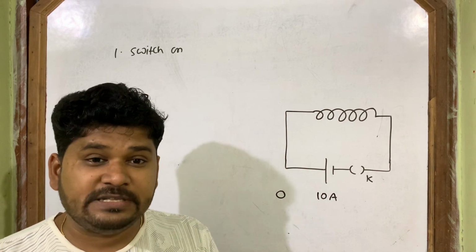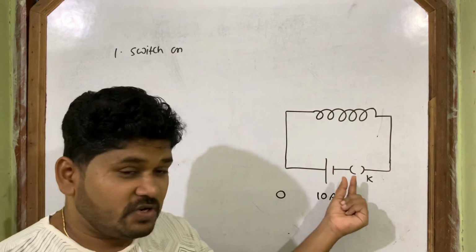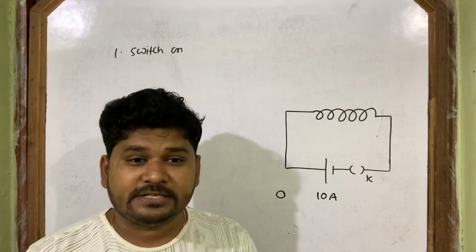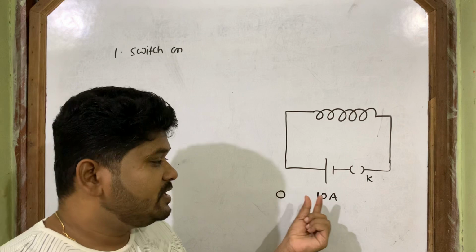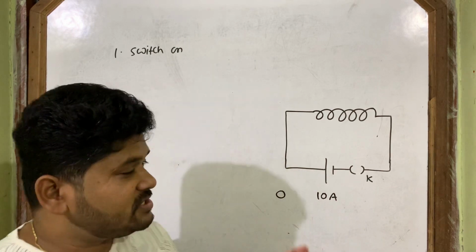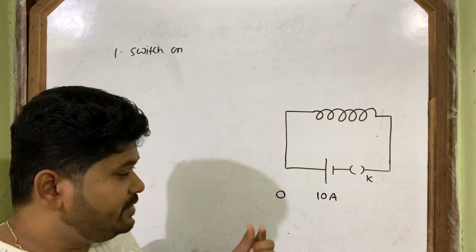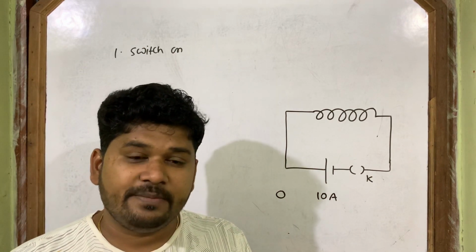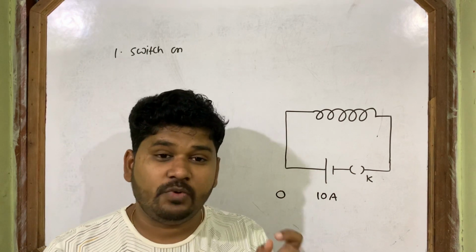What physics happens within that nanosecond? When the switch is on, the current increases from 0 to its maximum constant value, suppose 10 ampere. It takes some nanoseconds, but we will discuss what happens within that small interval of time.